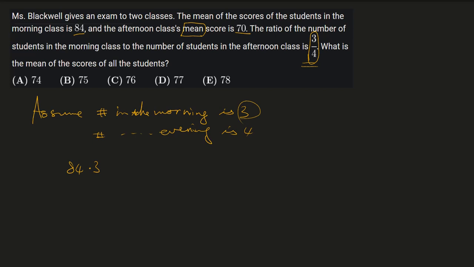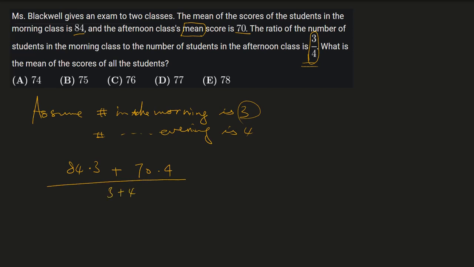And the total scores in the afternoon class is 70 times 4, right? When we sum up these 2 totals, this is the total score of all students. Then this number divided by the total number of students will give us the average of all students.